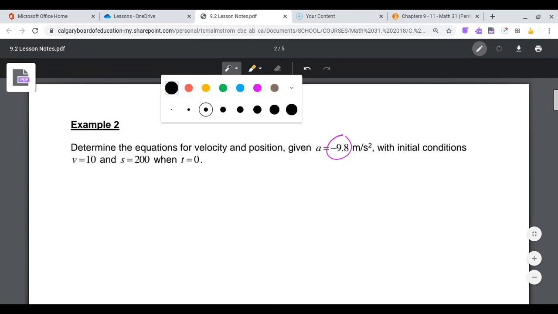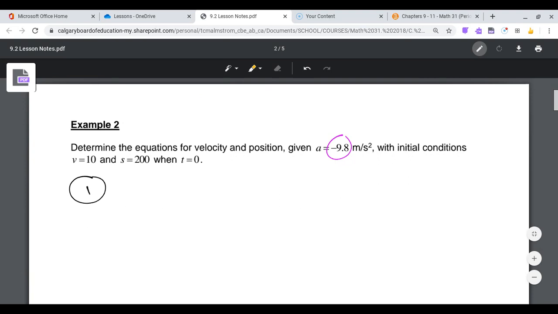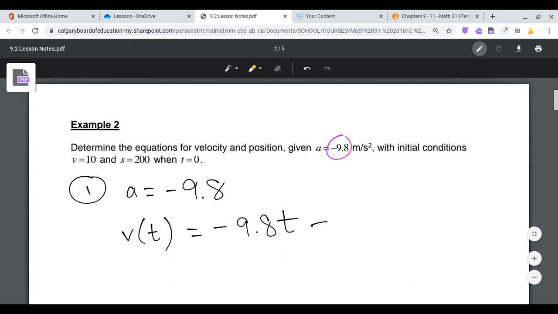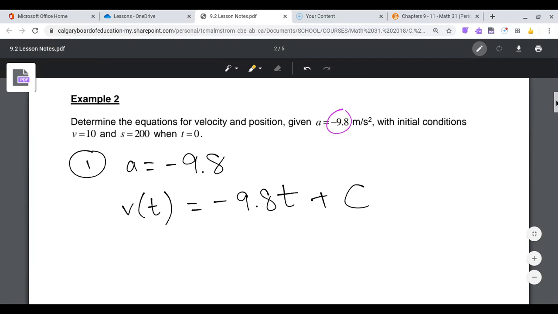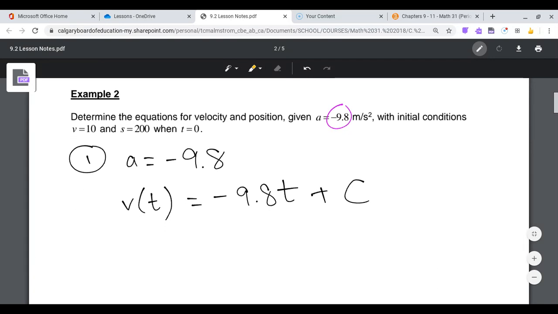Okay. Number 1. If I know that a is equal to negative 9.8, I can take the antiderivative of that to find the velocity function, which would be negative 9.8t plus c. But what I now know is that at time 0, v equals 10.